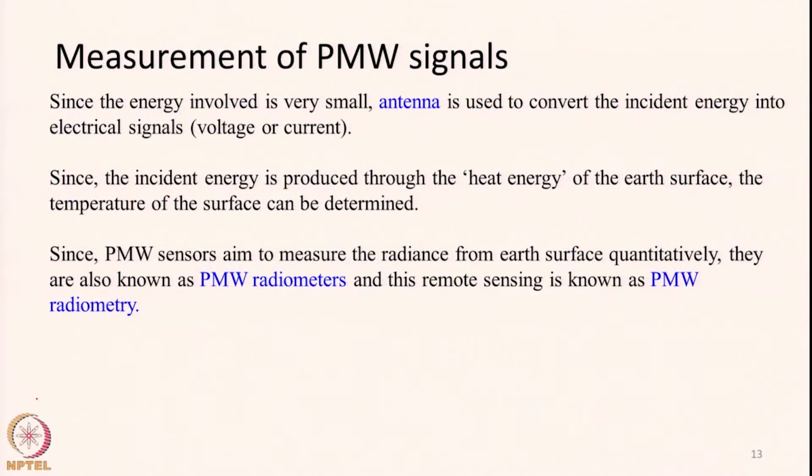When we move to atmospheric components, for measuring water vapor, for measuring winds and all, normally higher frequencies are used. So, there is a large range of frequencies in microwave which are potentially used for several applications. So, how do we measure these passive microwave signals?